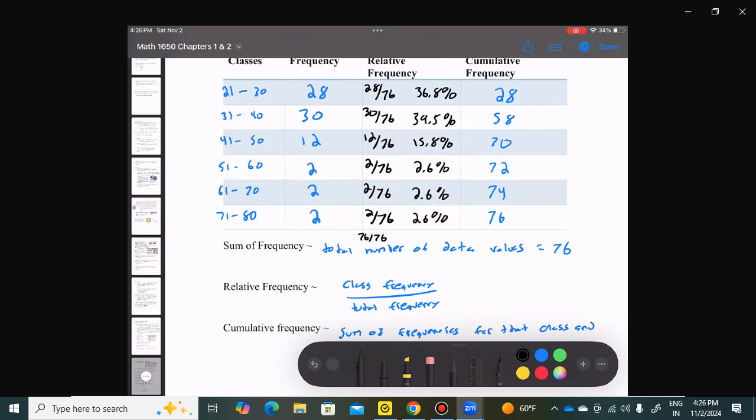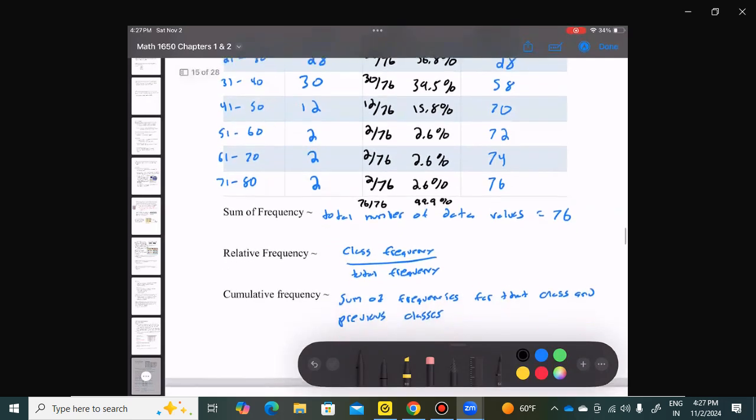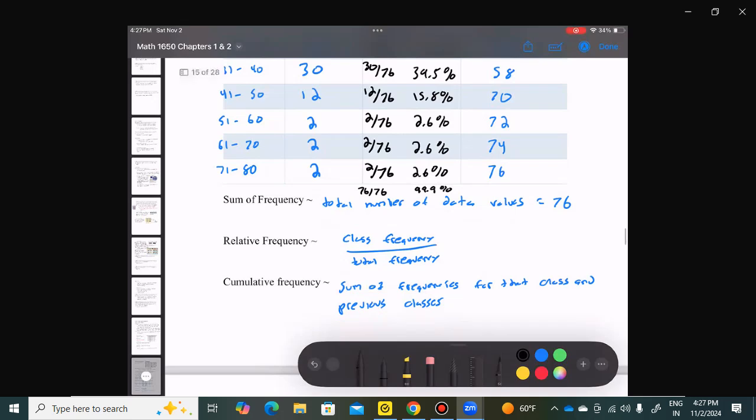Now there may be a little bit of rounding that gets this off, but it should be really close to 100% when you add them up. You get 99.9%. Okay, so it is 100%, just the rounding there. I rounded probably the last 3 lower, so it's a little bit less. But that's how you do your relative frequency.